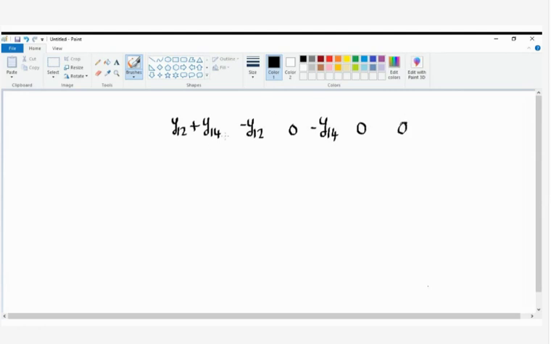Right? Second one was minus Y12, Y12 plus Y25, 0, 0, minus Y25, 0. Right?